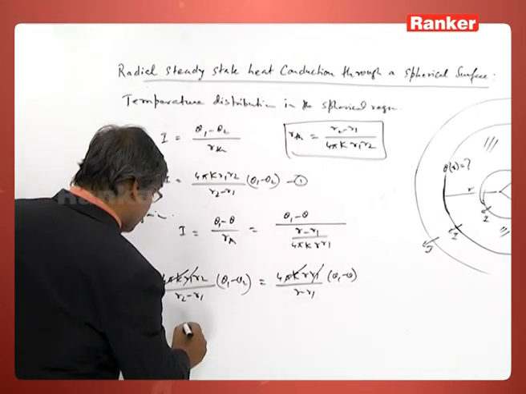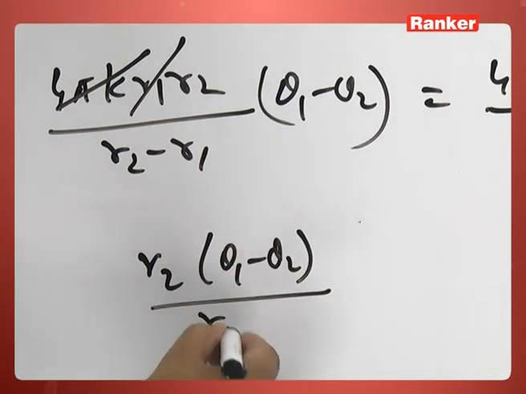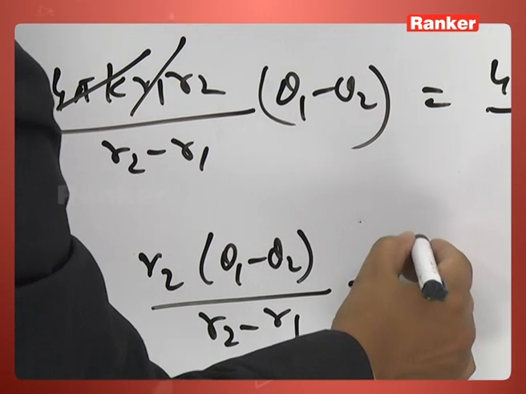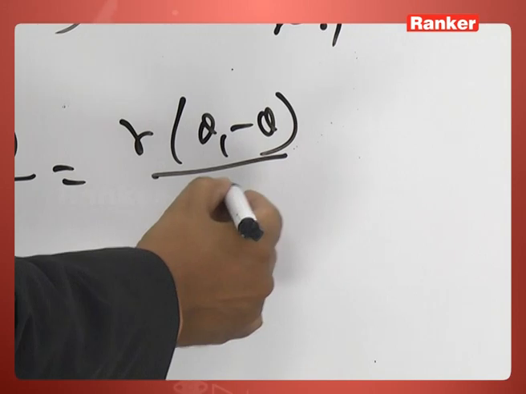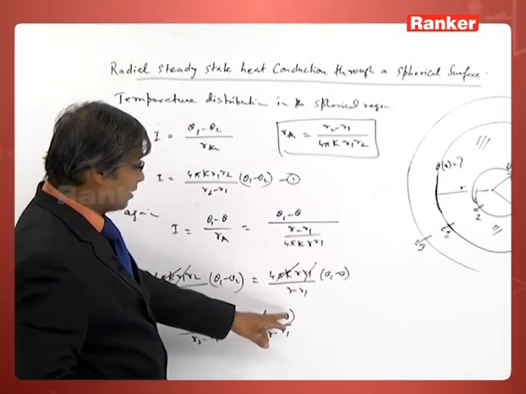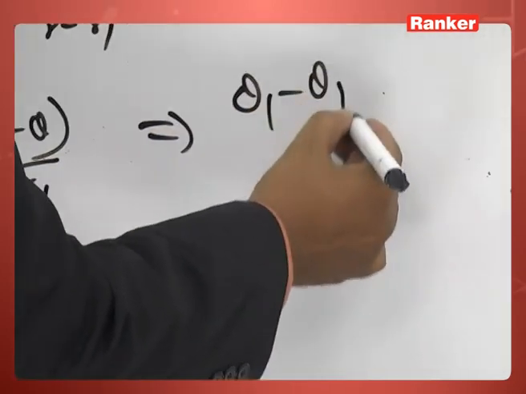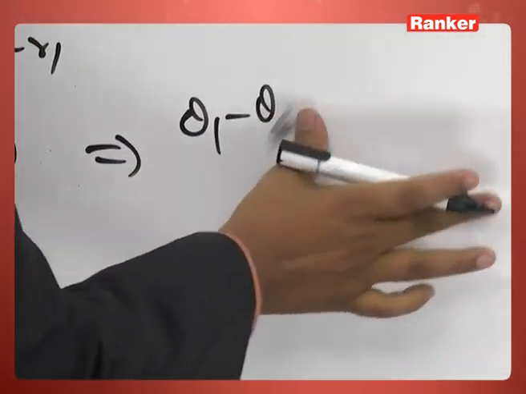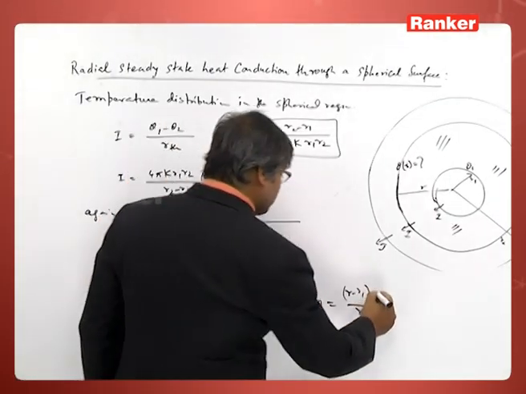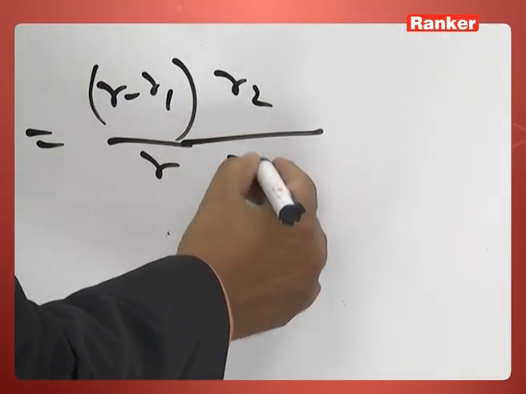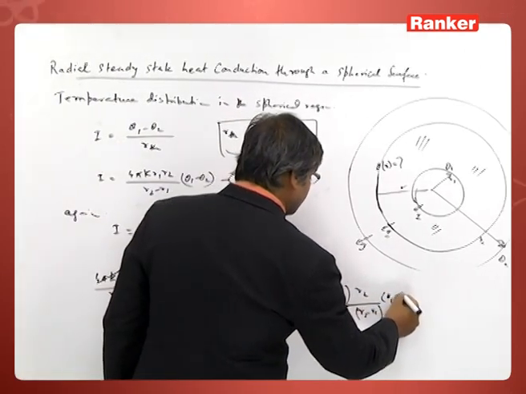So, now we got R2 (θ1 - θ2)/(R2 - R1) is equal to R (θ1 - θ)/(R - R1). We wish to calculate θ. So, this implies we write θ1 - θ as (R - R1)/R times R2/(R2 - R1) times (θ1 - θ2).